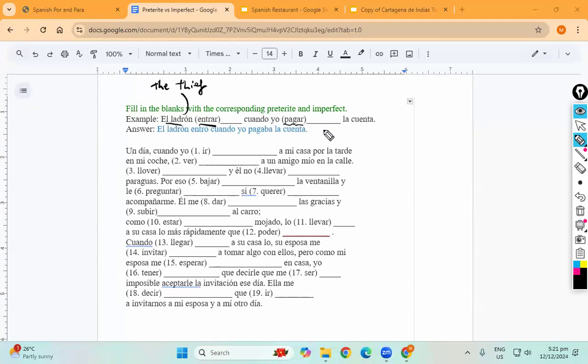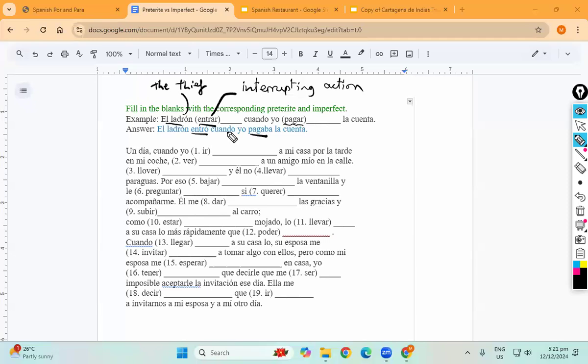So this was going on for a while, so imperfect tense. And then he entered, so his is an interrupting action. It interrupted what was going on before, right? So pagaba, I was paying, and entró, preterite, he entered, because it's a single past action.